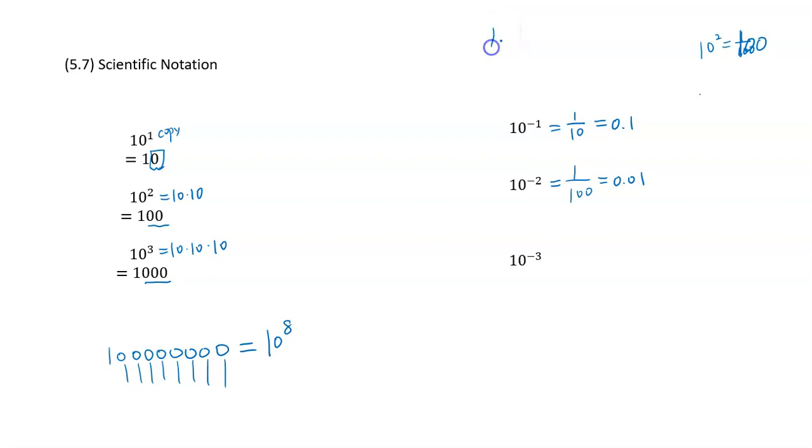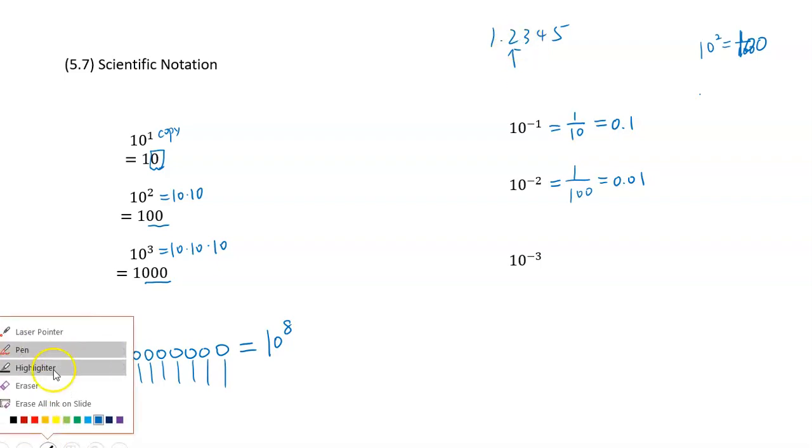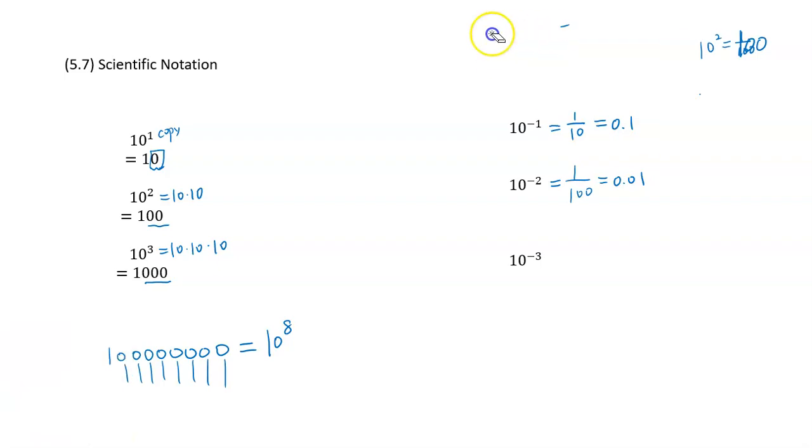So if I have 1.2345, 2/10 means 0.2. Now let's look at 10 to the negative 3, same thing. First we do 10 to the third, which gives us 1,000. The negative sign means we flip it, putting 1,000 on the bottom, and that gives us 0.001.